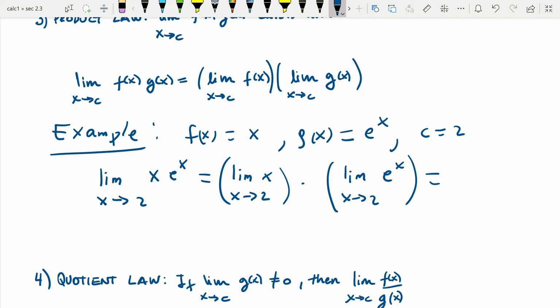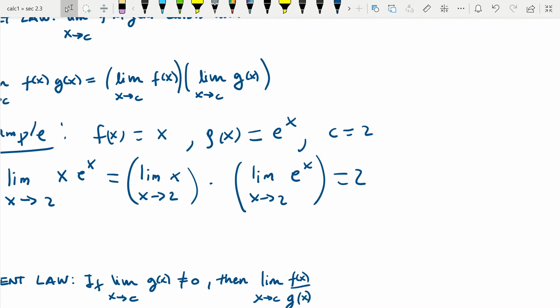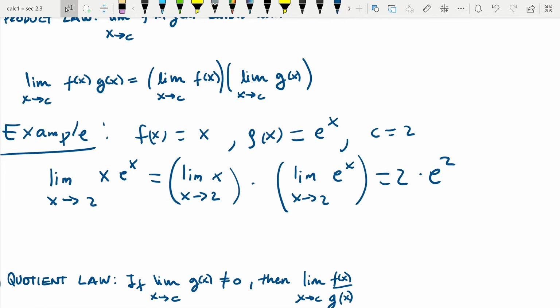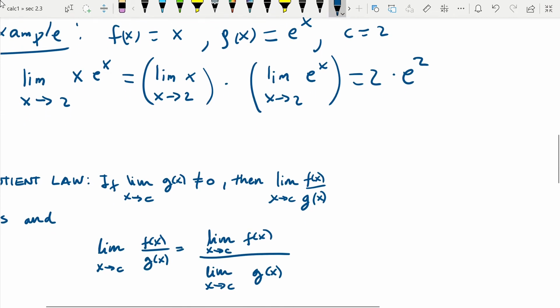And the limit of x, if x approaches 2, is just 2. And the limit of e to the x as x approaches 2 is e squared. So this is our limit, 2 times e squared.